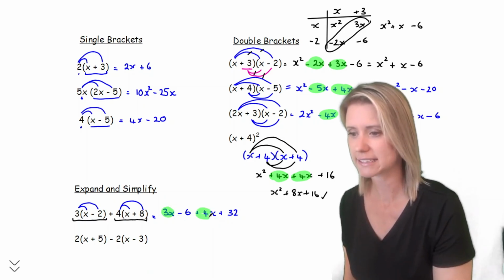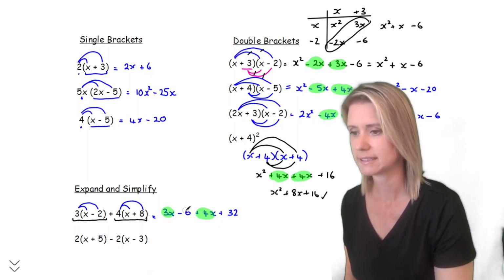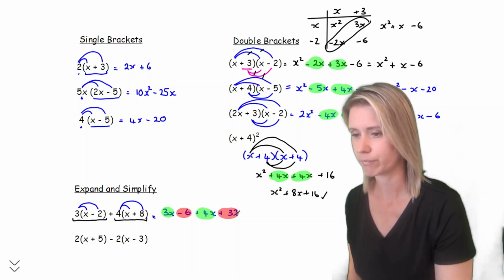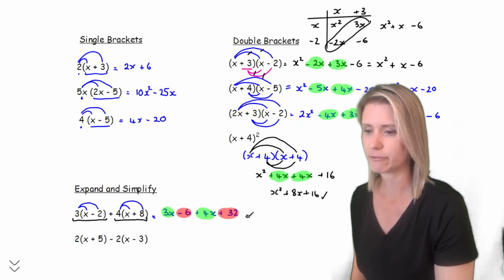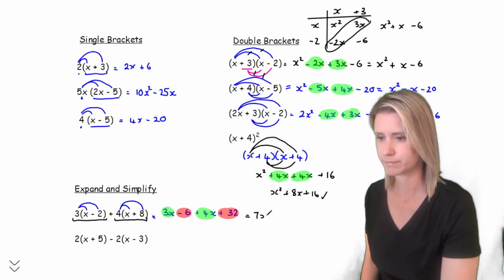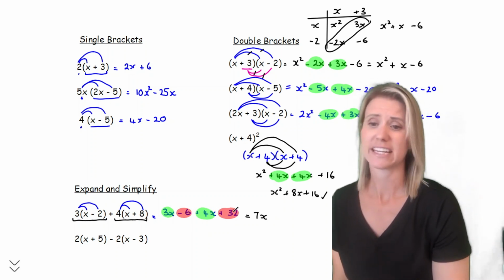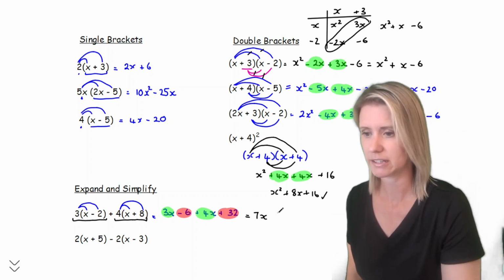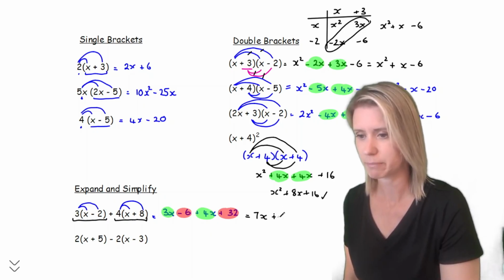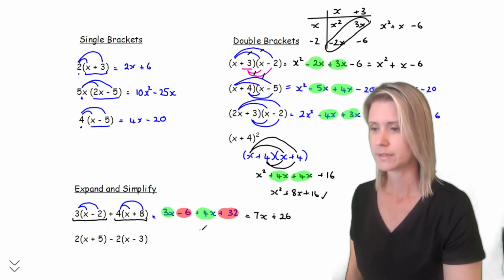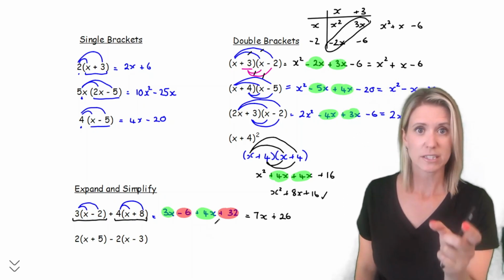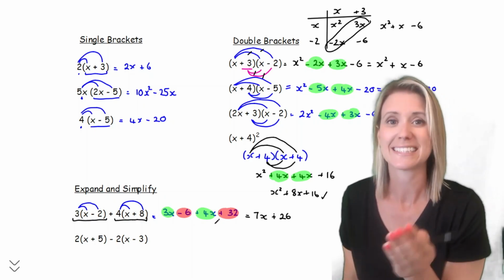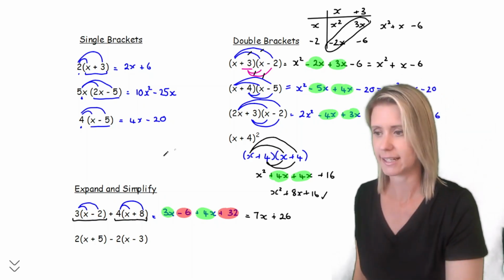We have 3x add 4x makes 7x, and we have negative 6 add 32. Negative 6 plus 32 is the same as 32 take away 6, which gives us 26, and it's positive 26. Right, so that's how we deal with the 2 single brackets, expanding and simplifying them by collecting those like terms.